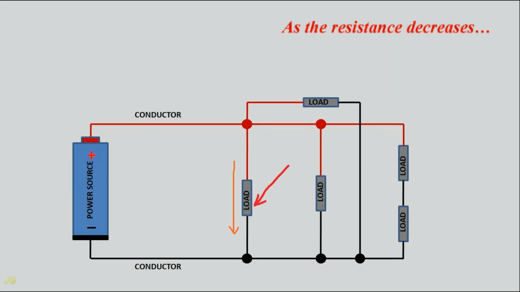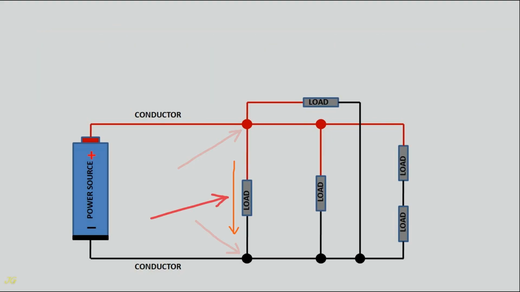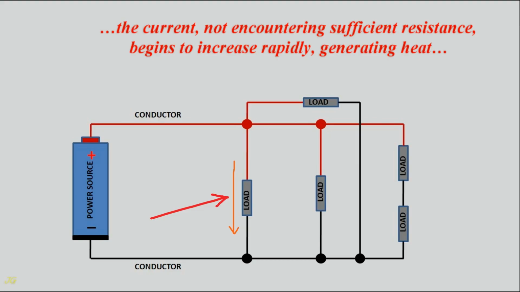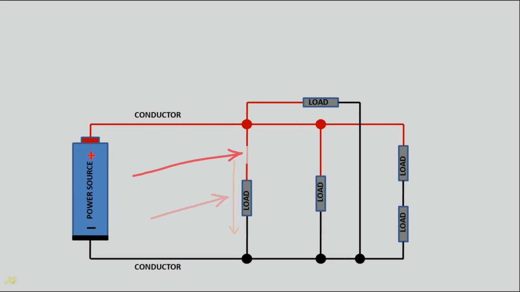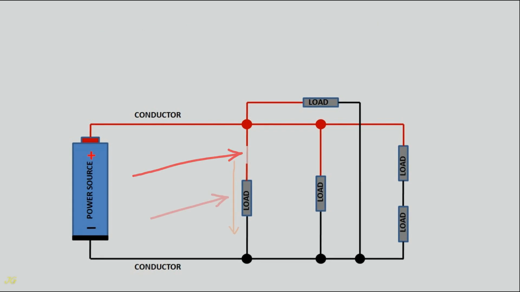As the resistance decreases between 2 points in a circuit to the point where it reaches a critical value for the maximum current through that resistance, the current, not encountering sufficient resistance, begins to increase rapidly, generating heat that damages the circuit and causes it to break.